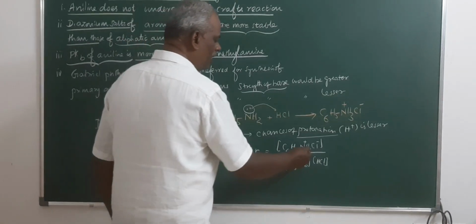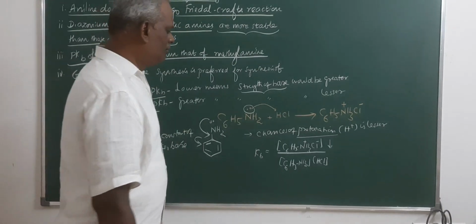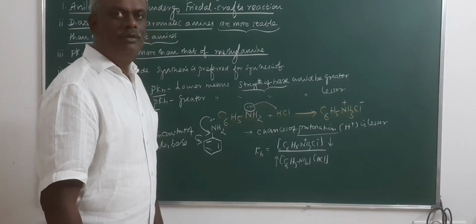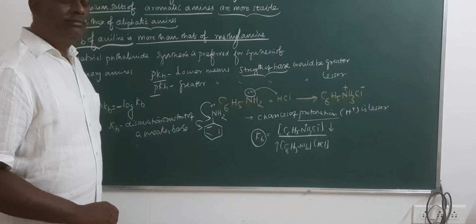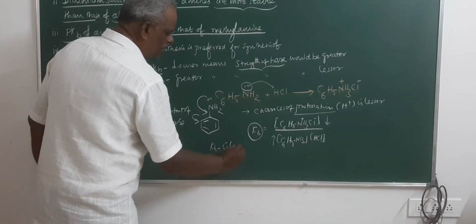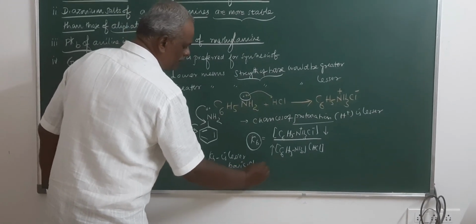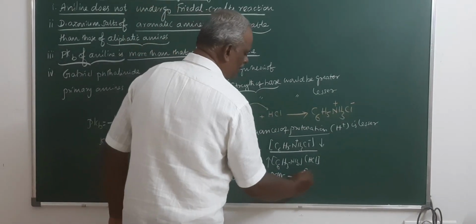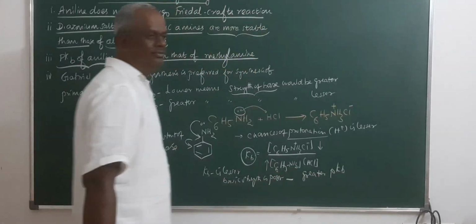The chances of protonation is lesser, so the concentration is lesser. And actually this is greater, the concentration of aniline. And that's the reason why the Kb value is lesser. When the Kb is lesser, we can say the basic strength is poor. Ultimately, that can have greater pKb value.